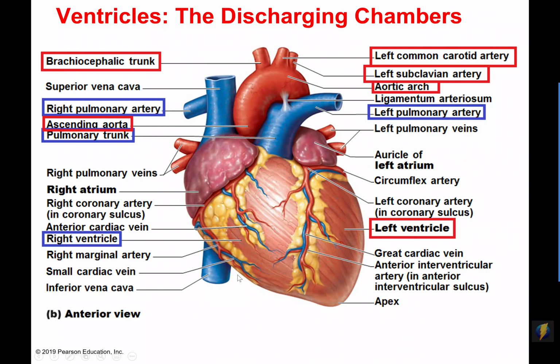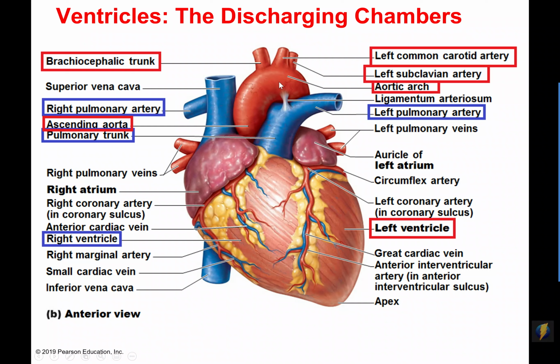So you can see right ventricle over here, it's going to pump blood into the pulmonary artery, which then branches into the left pulmonary artery, going to the left lung, and the right pulmonary artery going to the right lung. The left ventricle is here. It's going to pump blood into the ascending aorta.